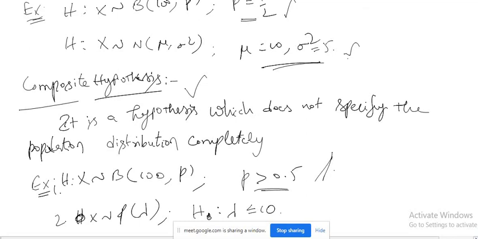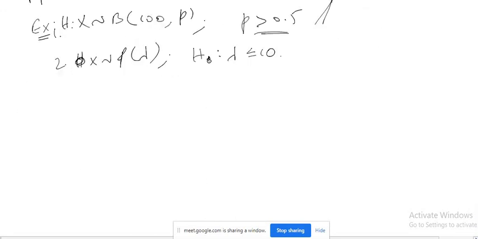Next, all are definitions, and after that we go for problems.